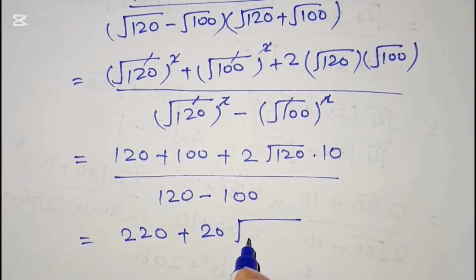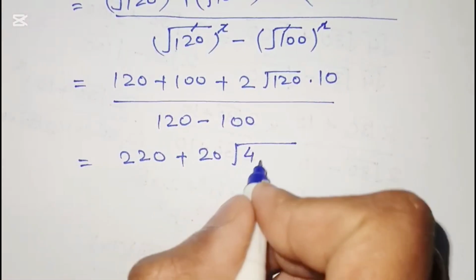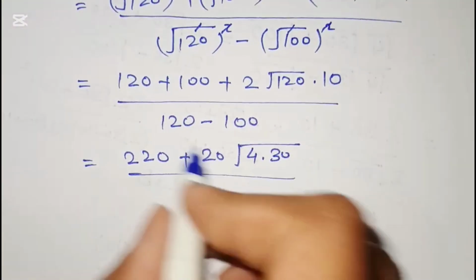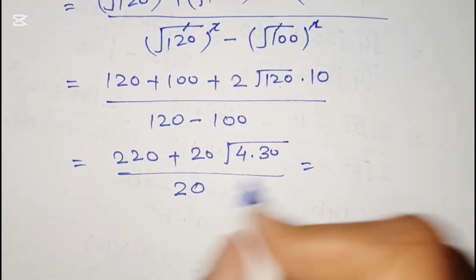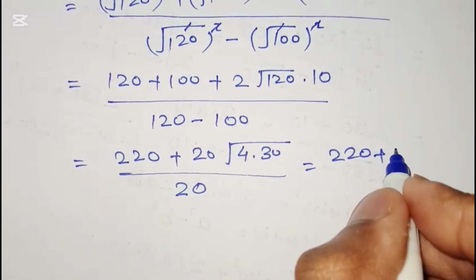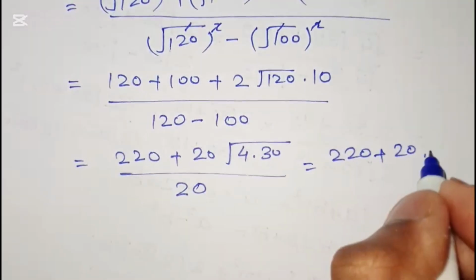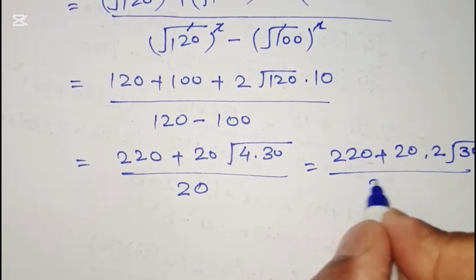We can write 120 as 4 into 30, and 120 minus 100 is 20. So it is 220 plus 20 into square root of 4, which is 2, square root of 30, all over 20.